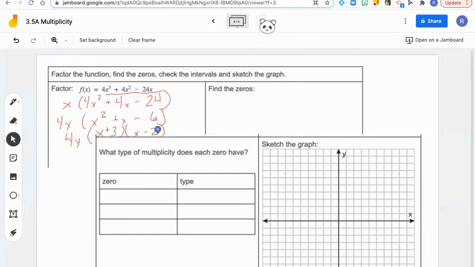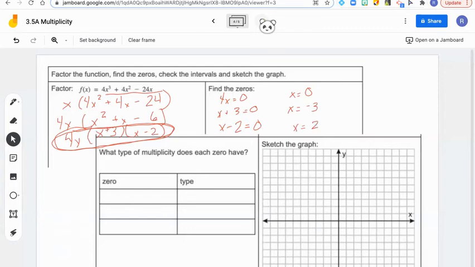I can see that I'm going to factor this completely into these different parts, which means I'm going to have 4x equals 0, x plus 3 equals 0, and x minus 2 equals 0. So I factor them. I know that in this case, I have a zero of 0, a zero of -3, and a zero of +2.